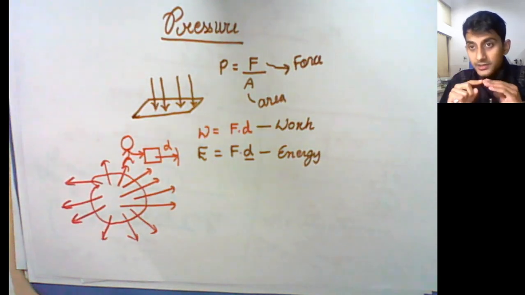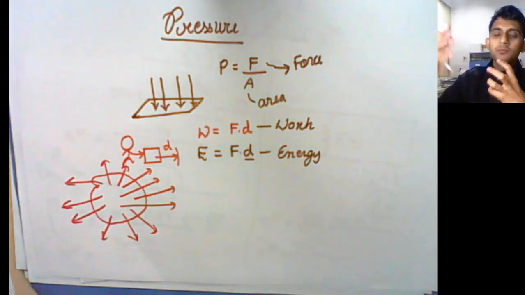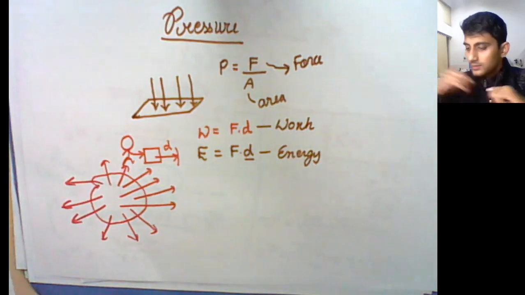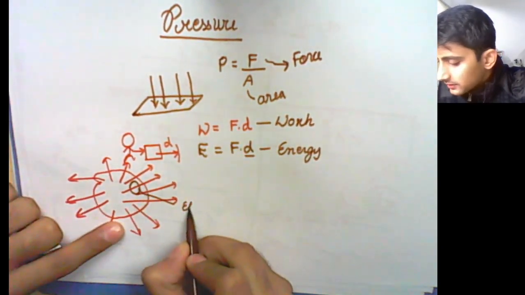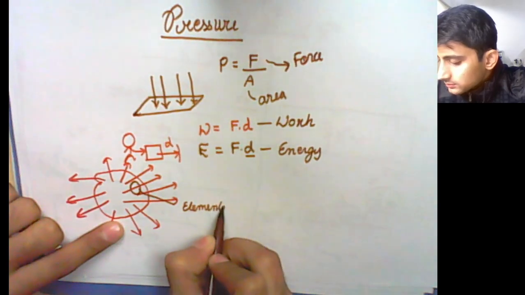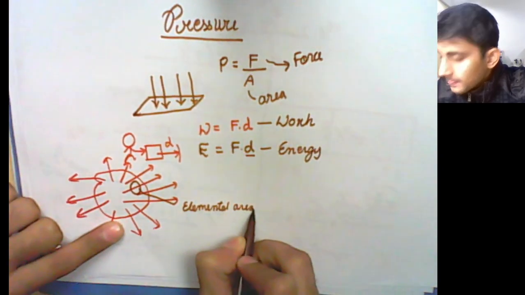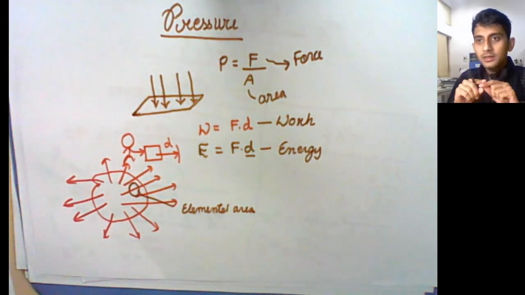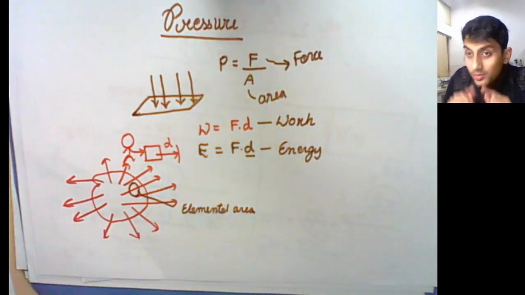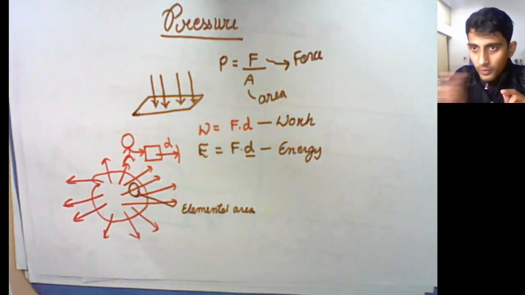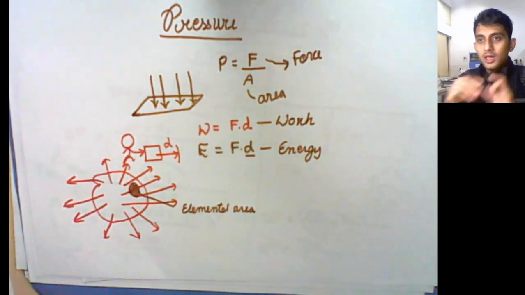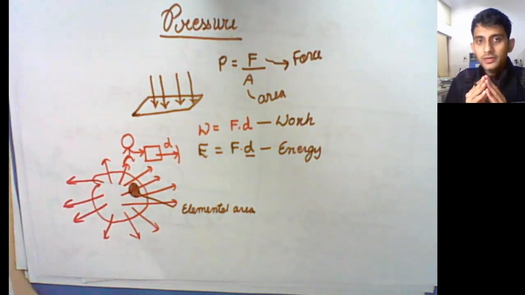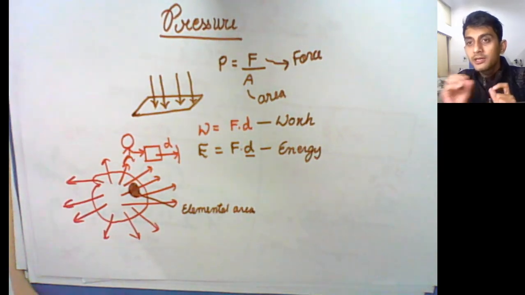So light energy is coming out of the surface of the bulb. What we have done is we have taken a small area, we call that an elemental area, और हम एक चीज नोटिस करते हैं, how much energy is flowing through that area per unit time.